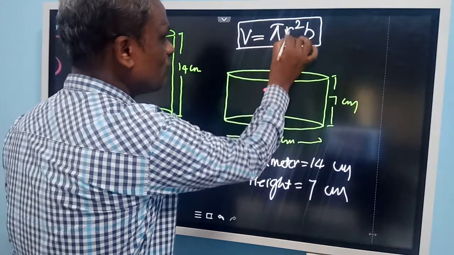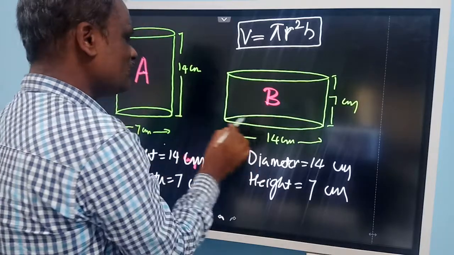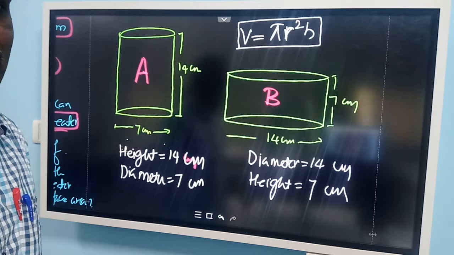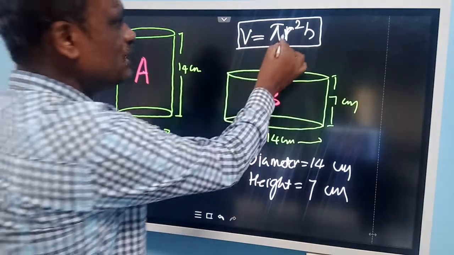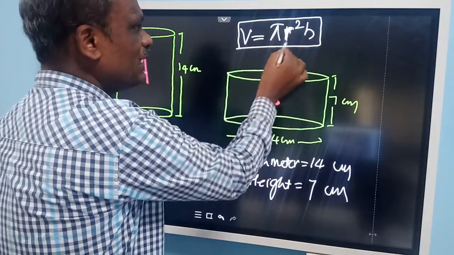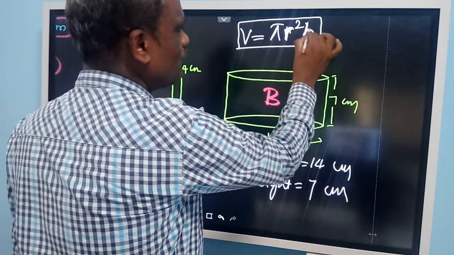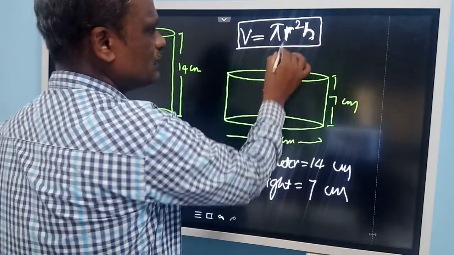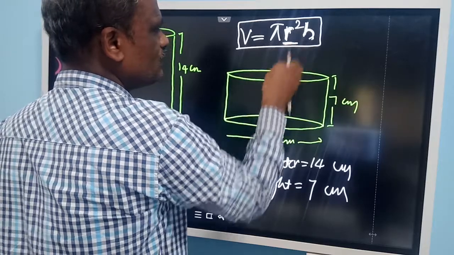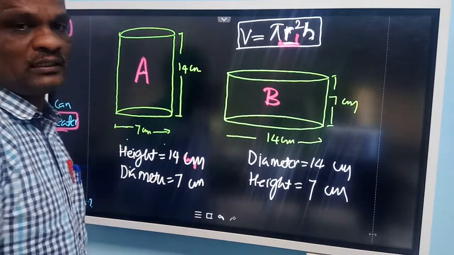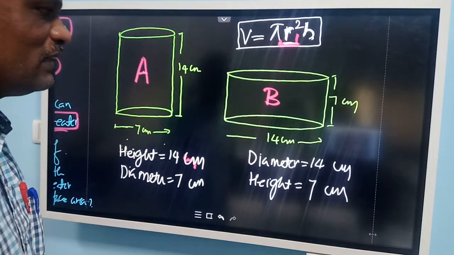The radius is squared, so if the radius is more, we are multiplying it 2 times. If the radius is more, then definitely its volume will be more. Height you are multiplying only once. Since you increase the radius and then square it, the squared value will definitely be more.